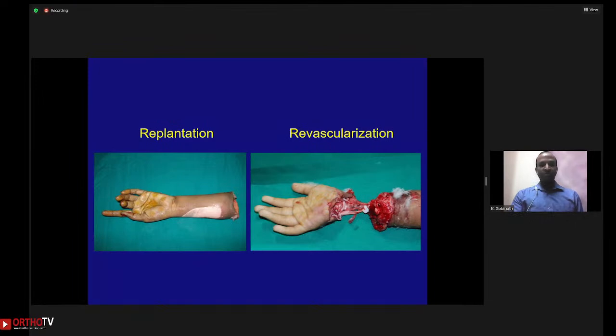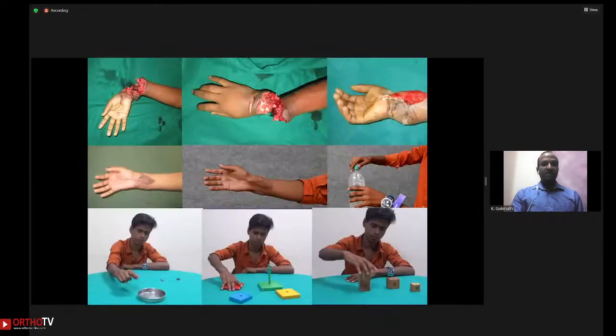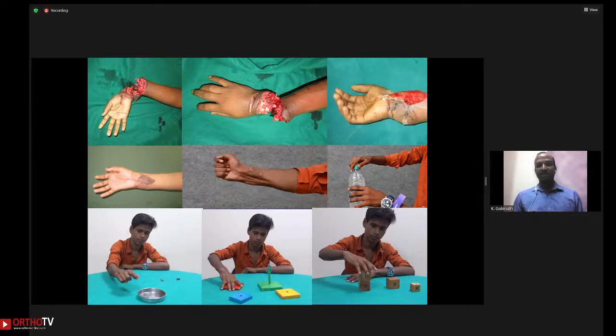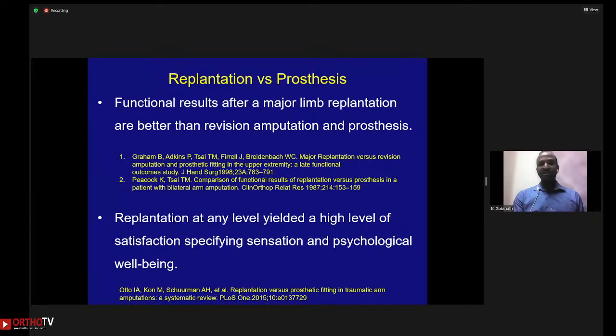Now, at this time, microsurgical replantation is technically feasible from the level of DIP to the axilla level. The success of replantation is not just the survival of the replant. The success of replantation is how the patient uses the replanted limb.